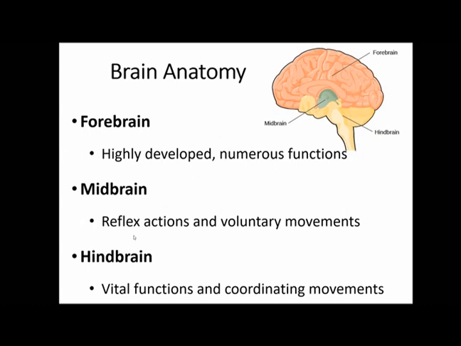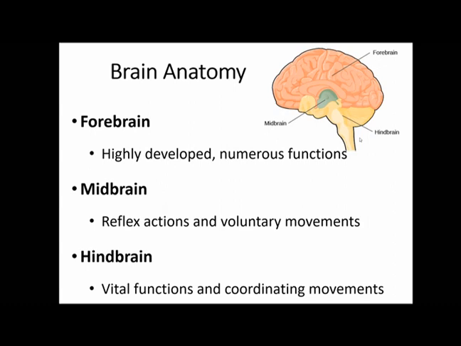But our midbrain is going to take care of some of our, again, more basal, more basic functions. So things like reflex actions, things that are going to happen automatically without us directly responding to them. But it's also going to be responsible for our voluntary movements, things that we're choosing to do. So that's where a lot of our motor decisions are centered.